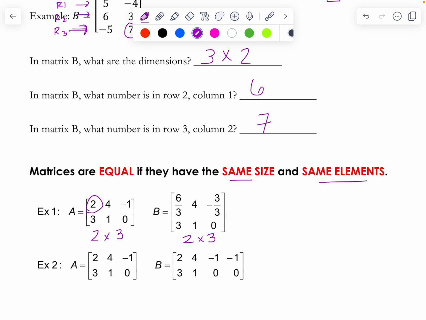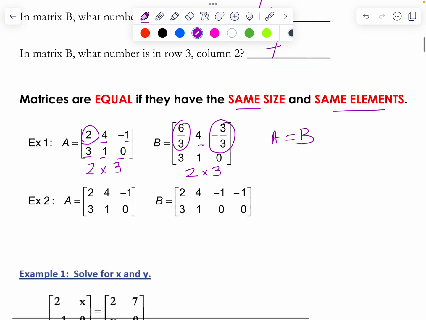Now I have 6 divided by 3 is 2, that's great. 4, 4, I have a -1. -3 divided by 3 is -1, that looks good. Then I have 3, 1, 0, that looks great, so A equals B. If I look at example 2, this is going to be a 2 by 3 and this is going to be a 2 by 4. So they are not the same size, so A does not equal B in example 2.